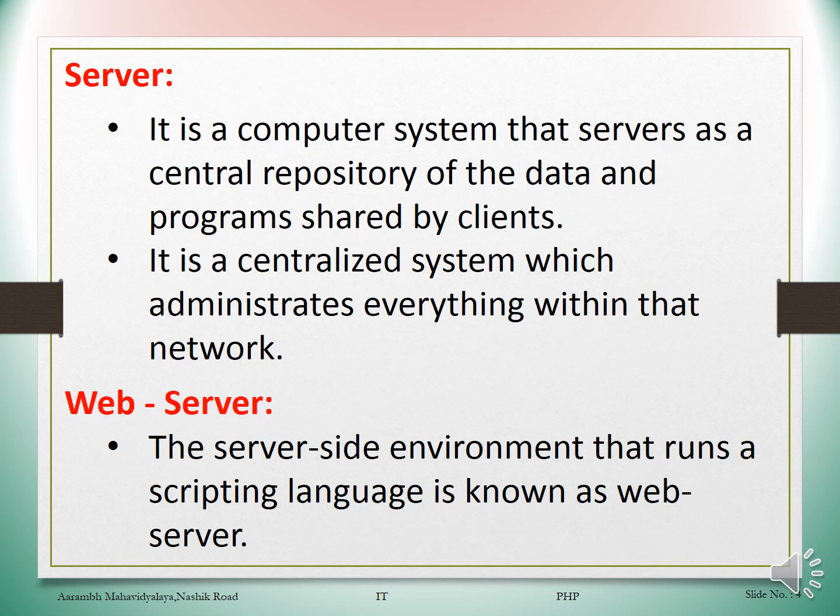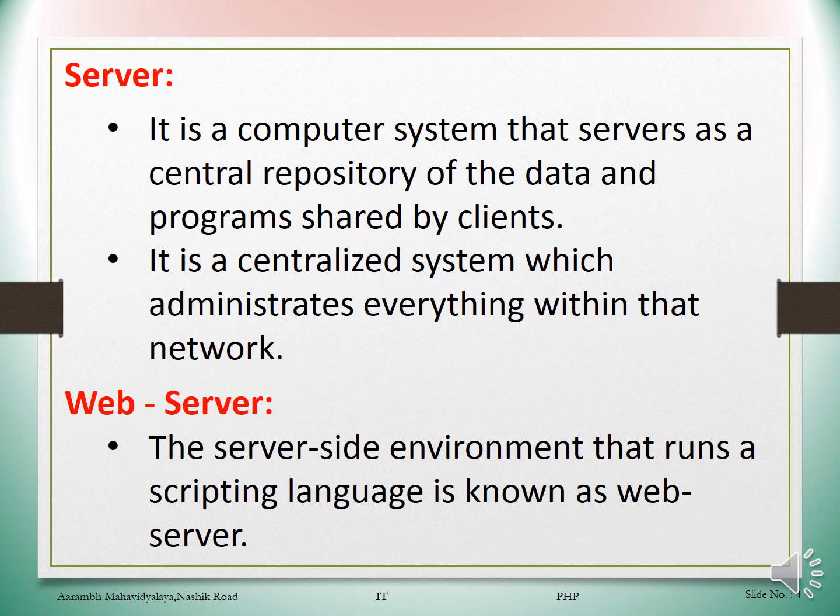Then next thing, we already went through this, just revise it. First of all, server. It is a computer system that serves as a central repository of the data and programs shared by clients. In short, it is a centralized system which administrates everything within that network.